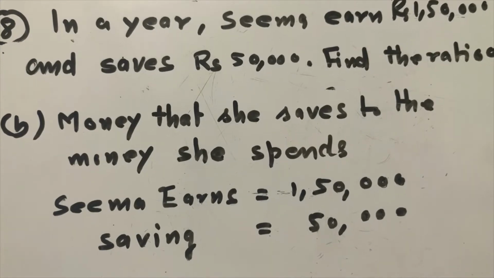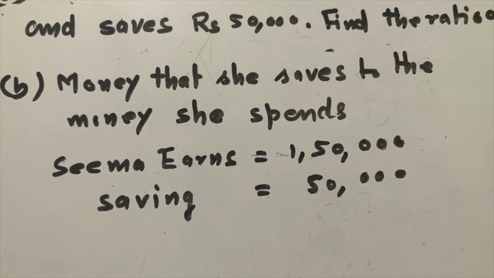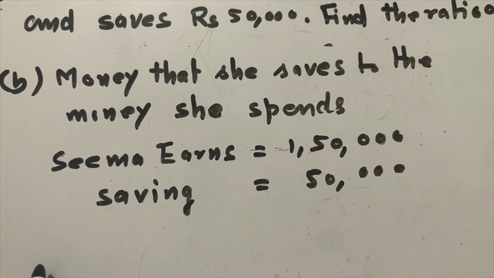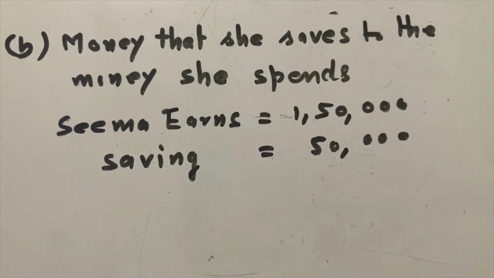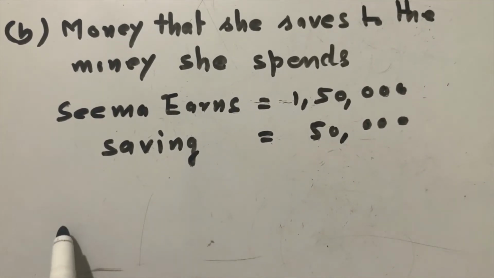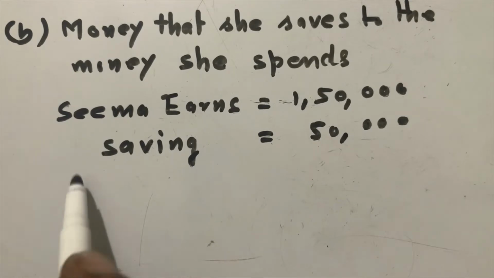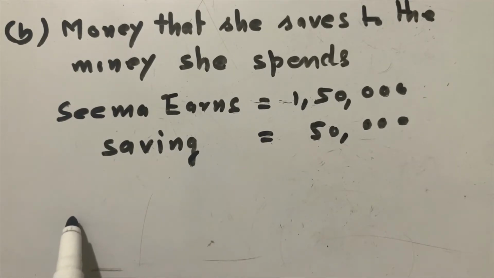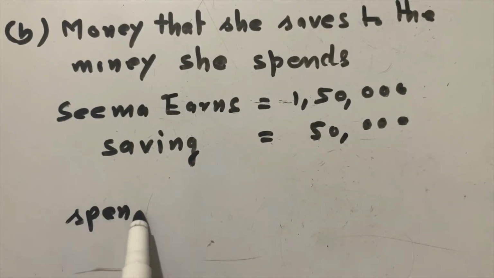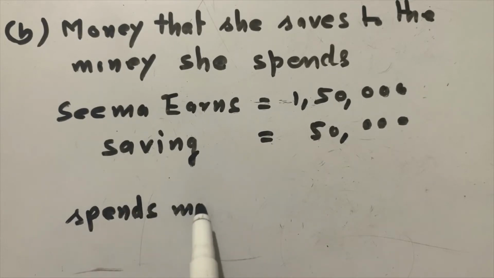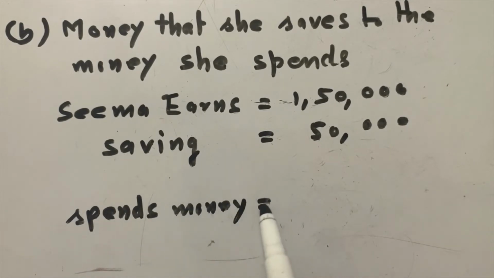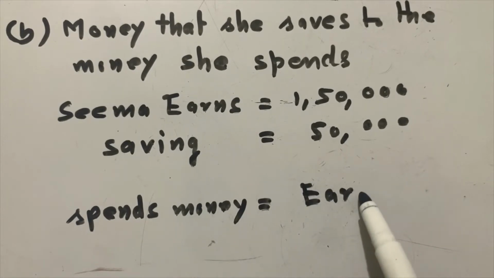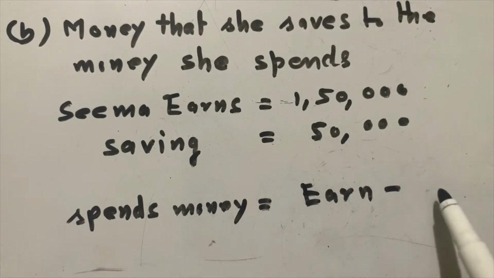Then how much does she spend? The money which Seema spends is equal to total earning minus saving.